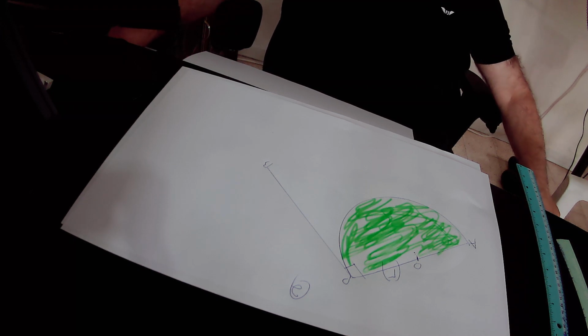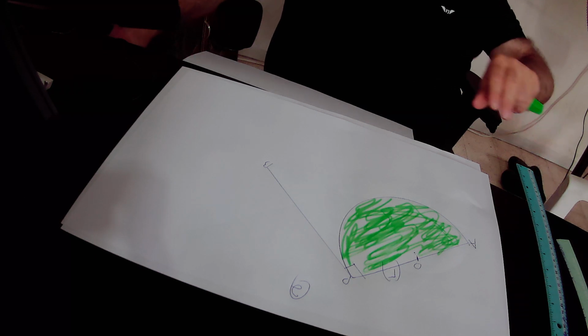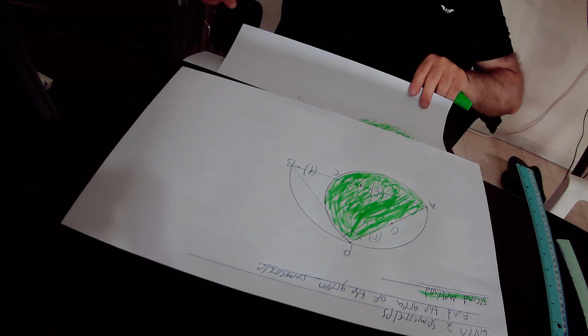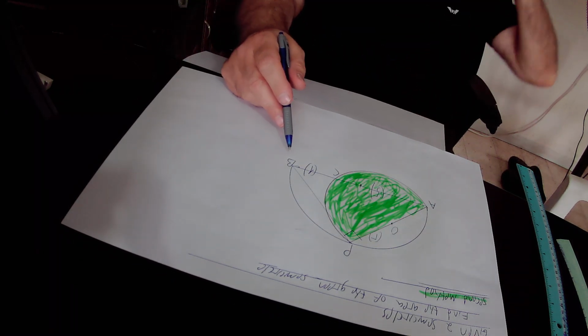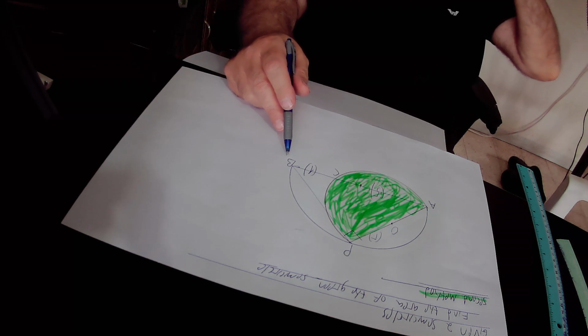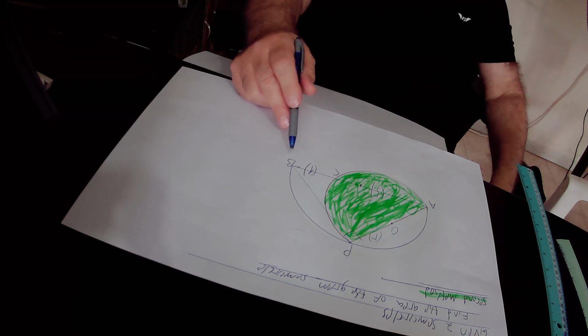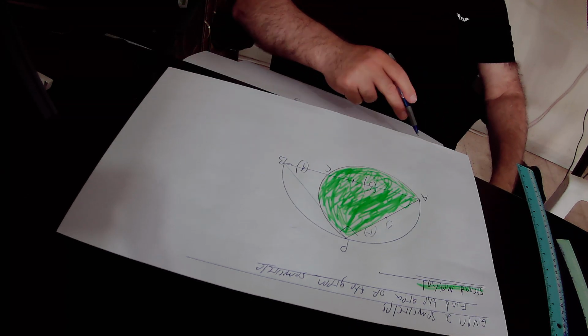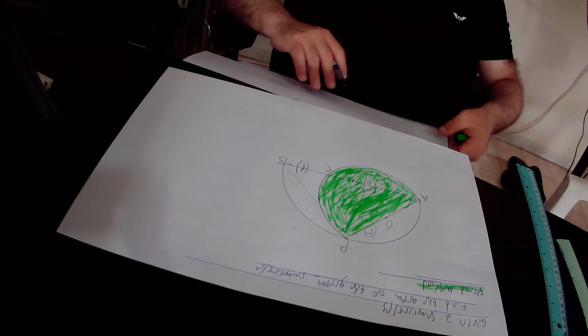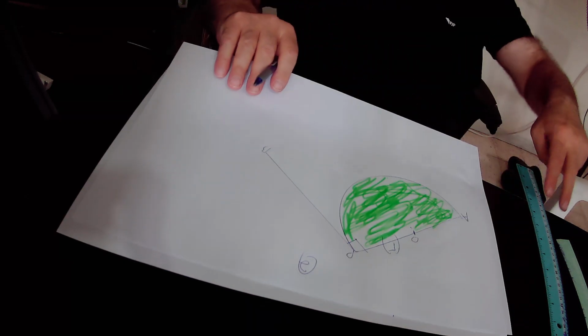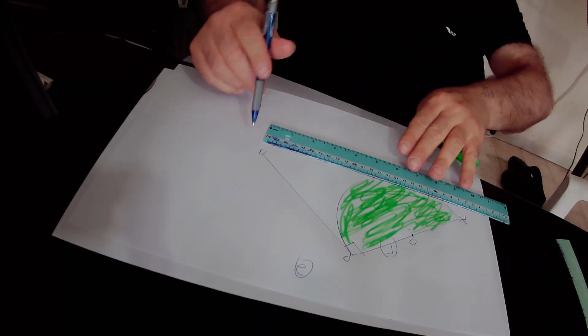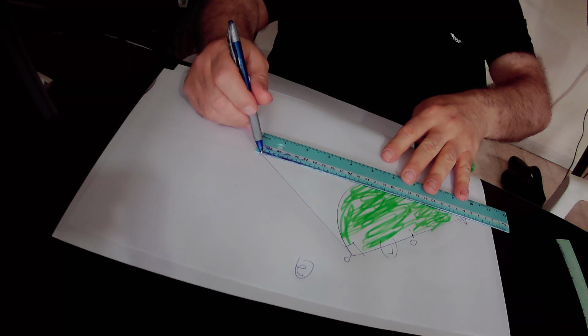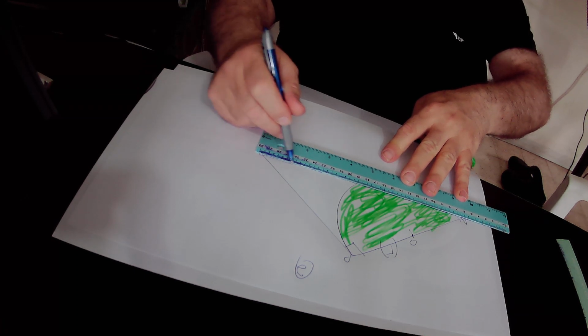I'll repeat quickly on rule 1, and before that, I'll copy also the diameter AB to the new drawing. This is the diameter AB of the white semicircle.